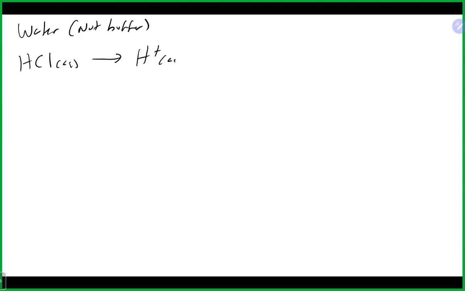Now, we talked about really how it works, and just quickly reminder of how a buffer sort of works is if you add something to water which is not a buffer, like our hydrochloric acid. So if you added that again to water, it's going to completely break apart into H plus and Cl minus. And because of that, you're going to have 100% of those guys.